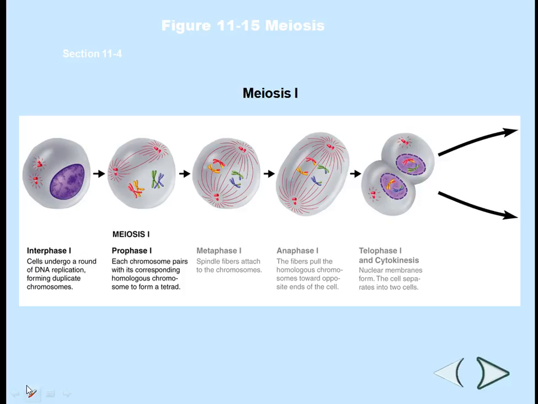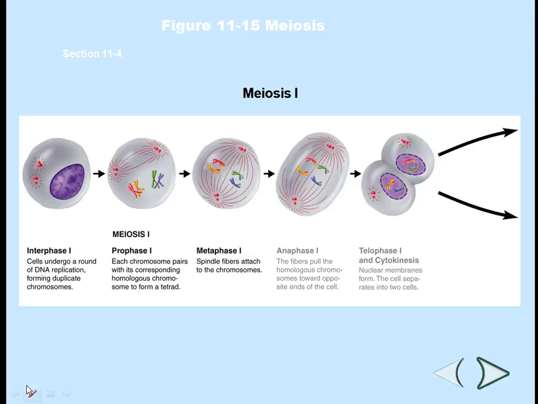After interphase 1, we start the division process, going to meiosis 1, or prophase 1, where the homologous pairs are pairing up and forming that tetrad. The spindle fibers are going to form, the centrioles will form, and then the spindle fibers will attach at the centromere of the chromosome.